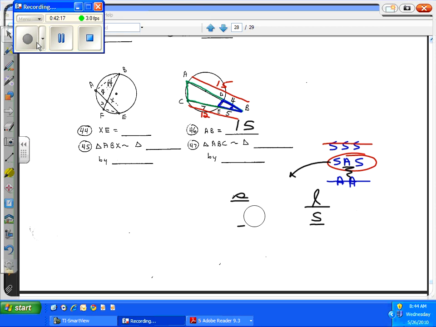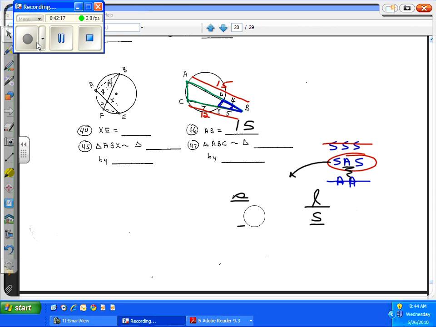Well, we can prove they're similar by either side, side, side, side, angle, side, or angle, angle. Do we know any angles? Well, all we know is that angle B of the little triangle here is the exact same angle as angle B of the whole big triangle.